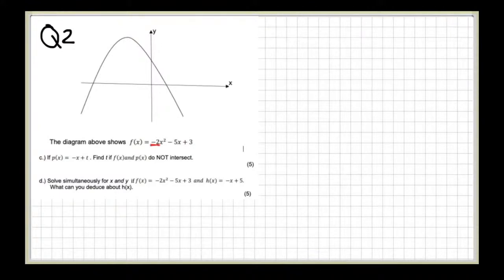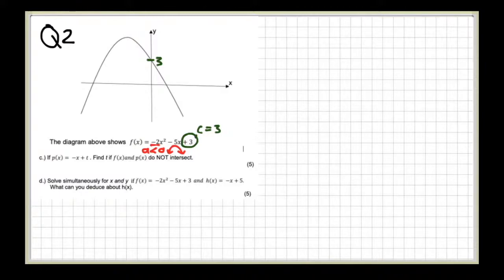First of all, the a value is smaller than 0, which means it is a frowning parabola. Also, the c value is 3, which means that my y-intercept, if I wanted to know that, is 3. There I've got all the information that I need at the moment.